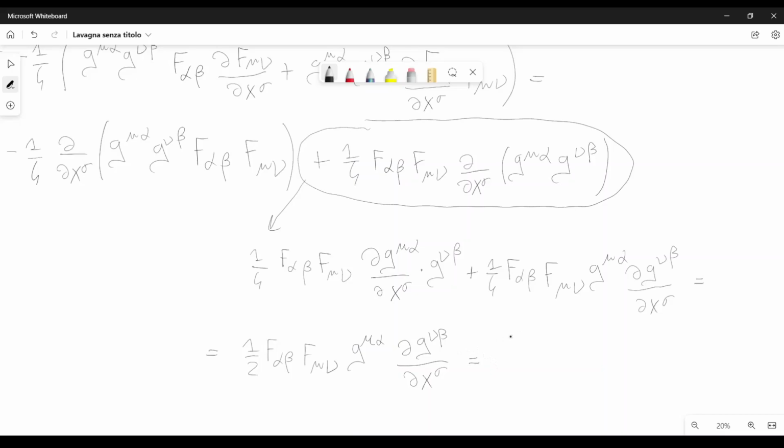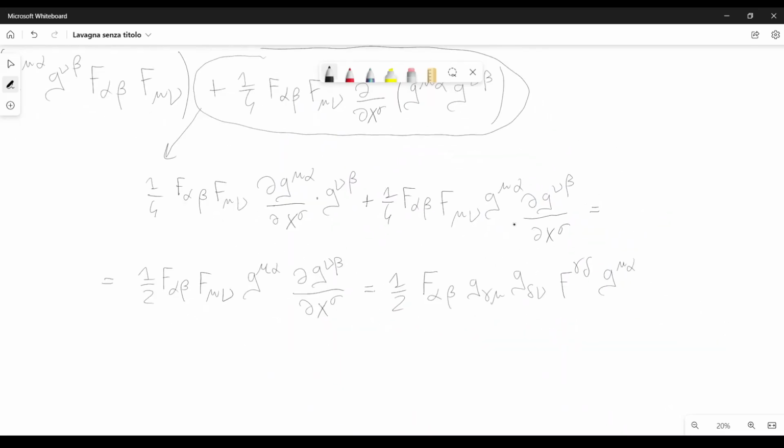And this is equal to 1/2, and I'm going to rewrite the expression like this. F alpha beta remains F alpha beta, but I'm going to rewrite F mu nu here like this: G gamma mu times G delta nu times F gamma delta times G mu alpha times the derivative of G nu beta with respect to x sigma, like this.